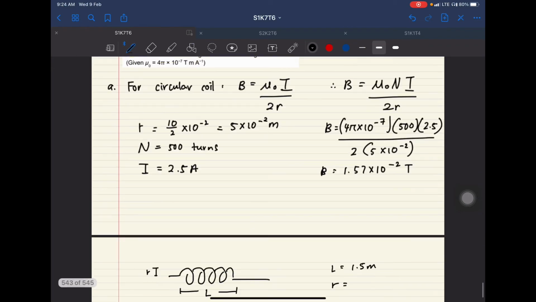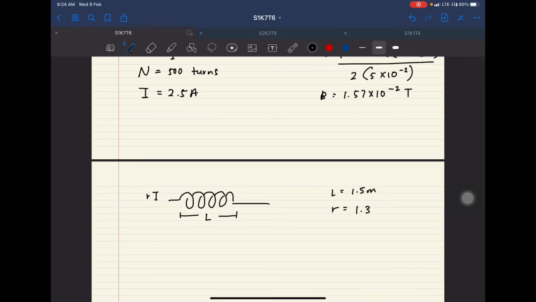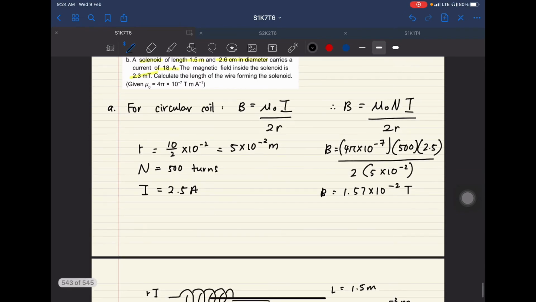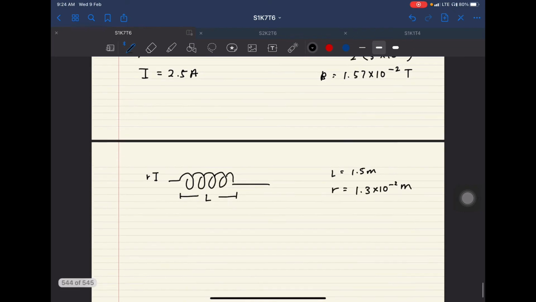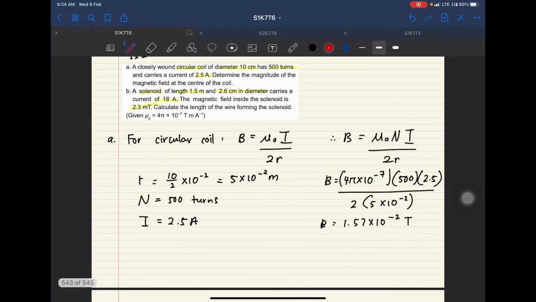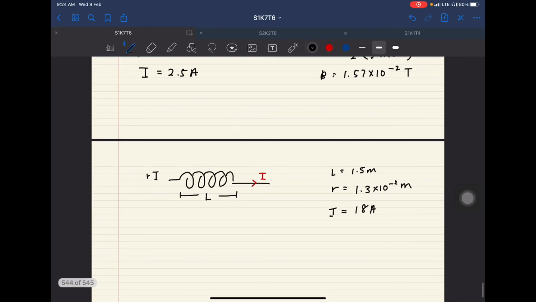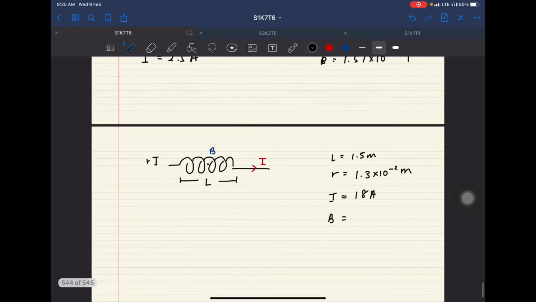How much is that? 2.6 divided by 2, you got 1.3 times 10 negative 2 meter. And then current of 18 ampere. Again, they didn't give you direction, I just put it in that direction, I. Then it says that the magnetic field inside the solenoid, B is equal to 2.3 millitesla.